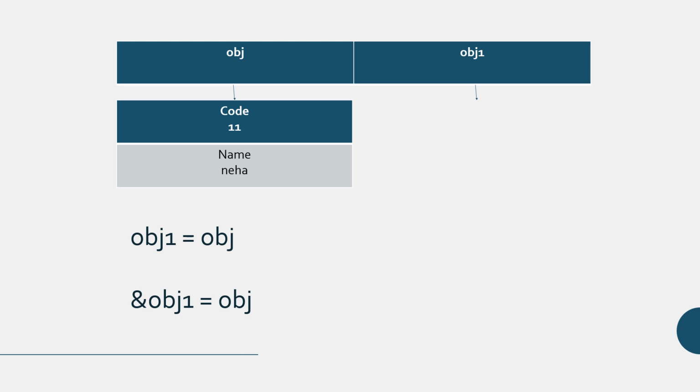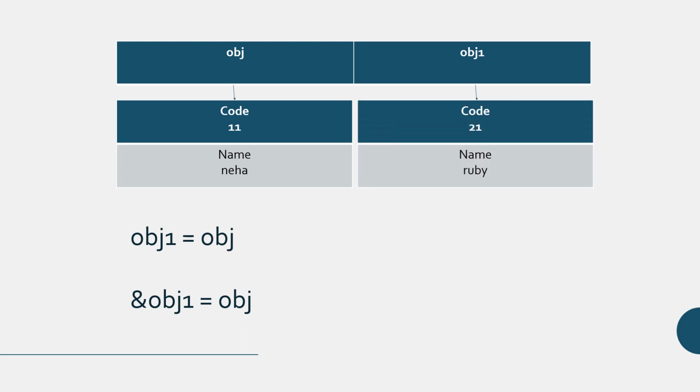Because we have another object, we also get another space for code and name. For accessing this place we will use obj1 dot code, which should display, say, 21, and in the same way to access Ruby we will write obj1 dot name.